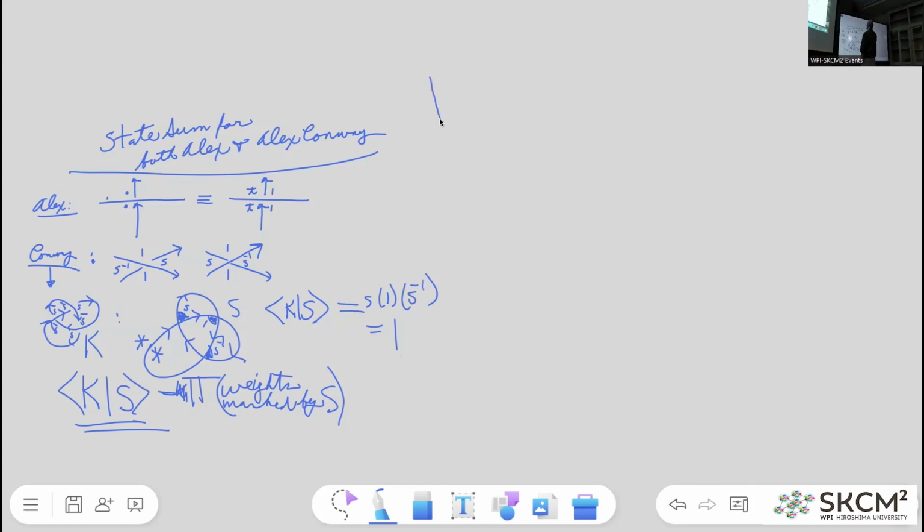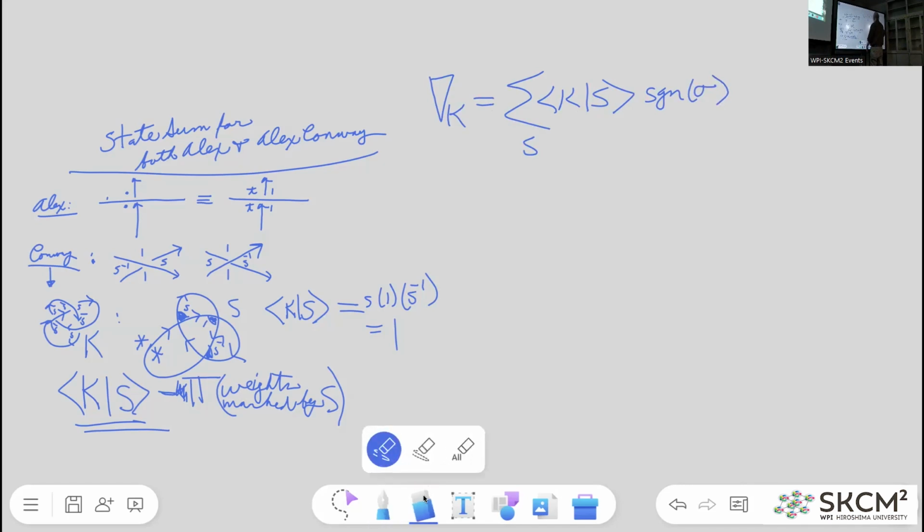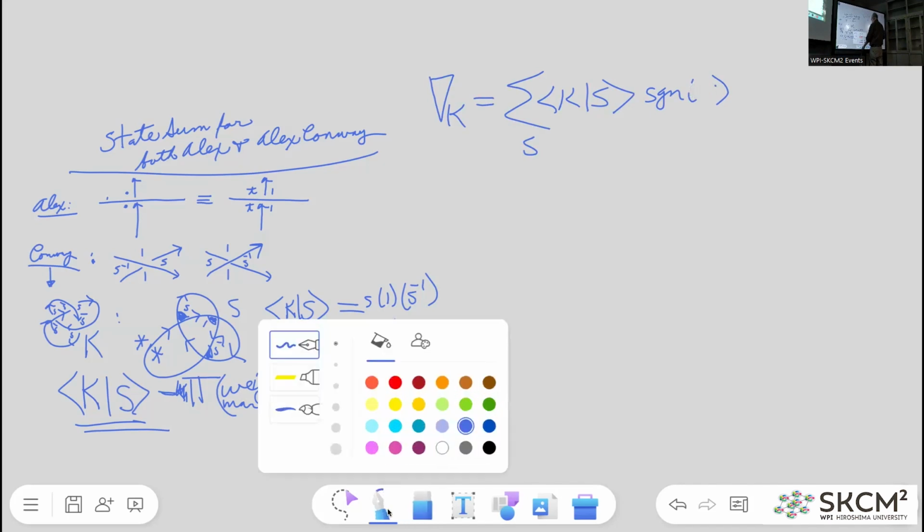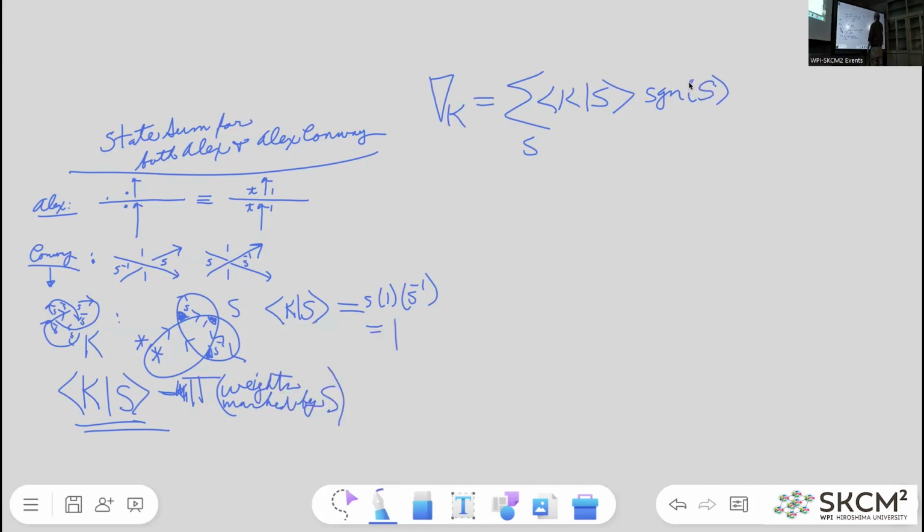And then the polynomial is equal to the sum over the states of K_S times the sign of the state.